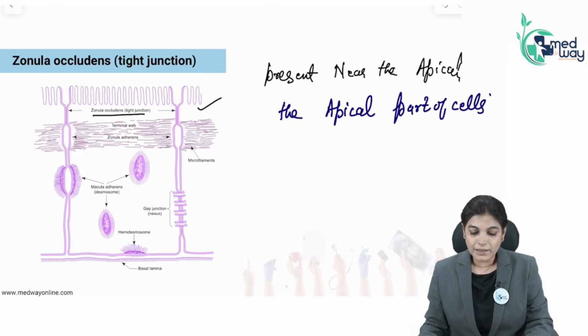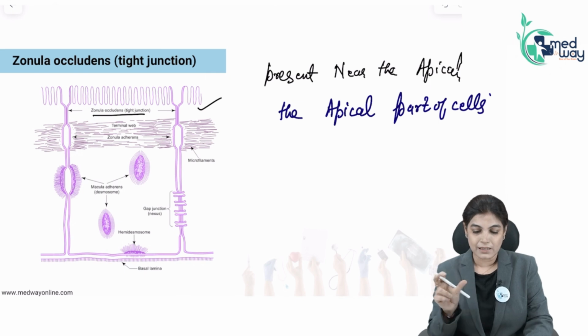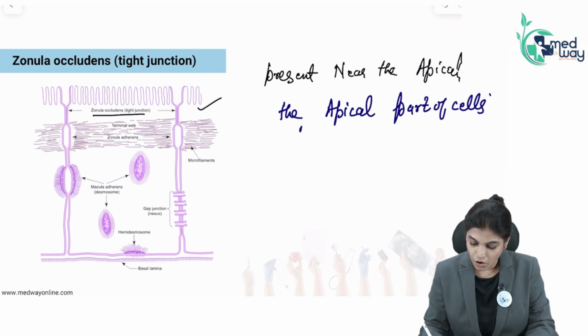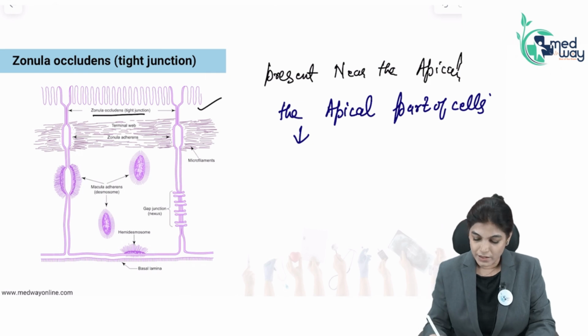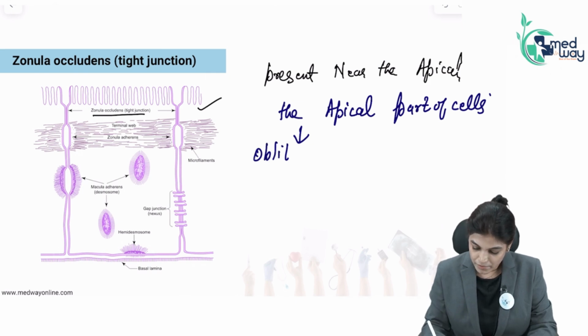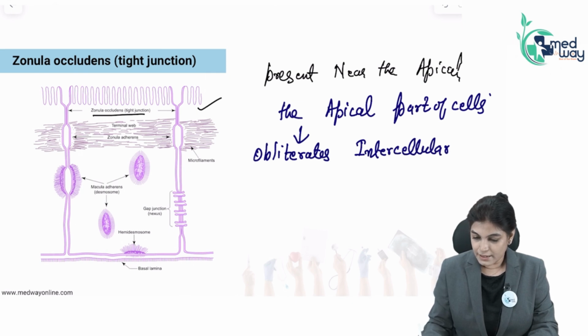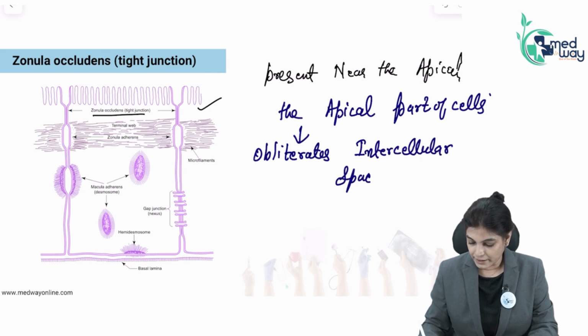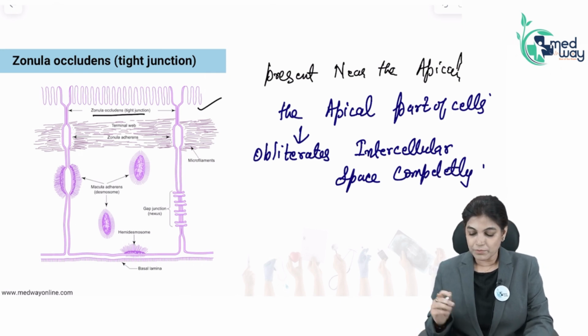They are occluded, so no space is there. It obliterates the intercellular spaces lying between the cells completely, and it prevents the passage of material between them.